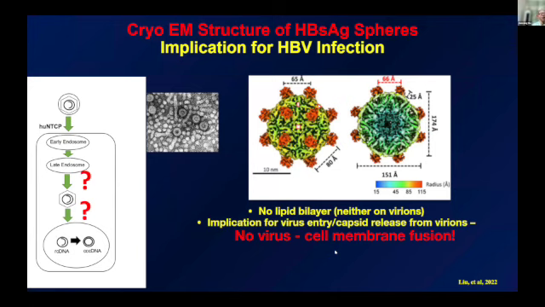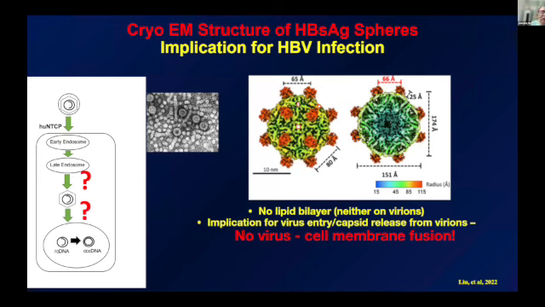It has a quite interesting structure. One of the most striking things is that, in contrast to what's depicted in the textbooks, these spheres, filaments, and in fact virions, don't have a typical lipid bilayer. So in fact, HBV is not a classical enveloped virus at all. This obviously has implications for virus entry and capsid release from virions, as depicted on the left side.